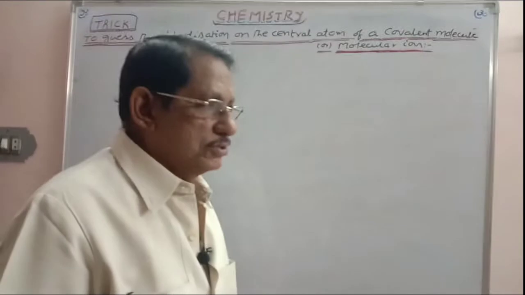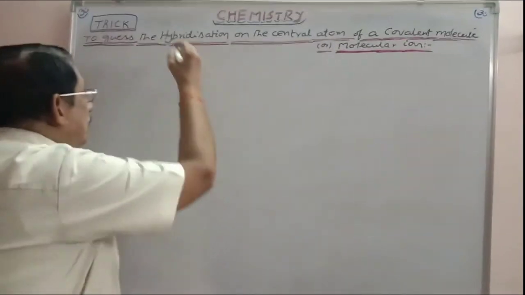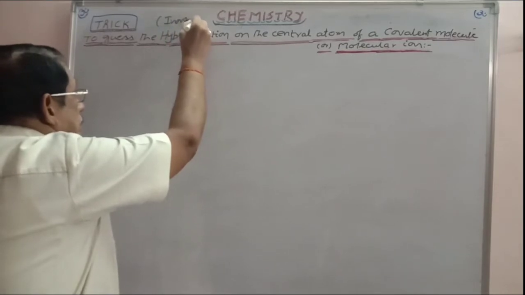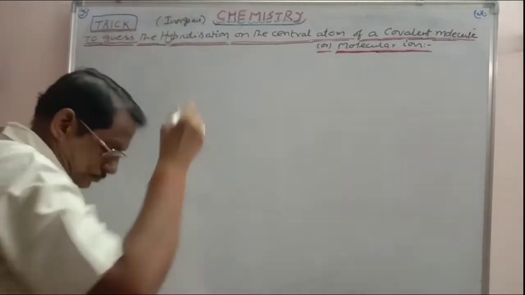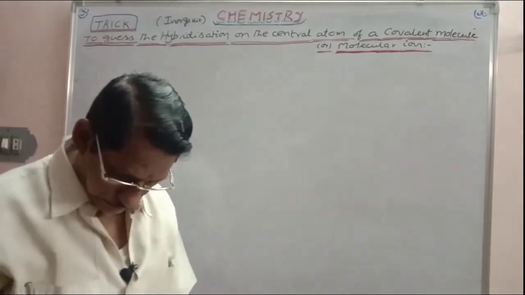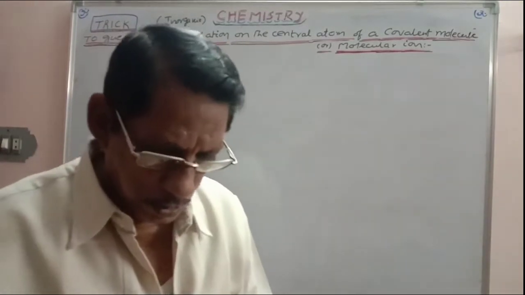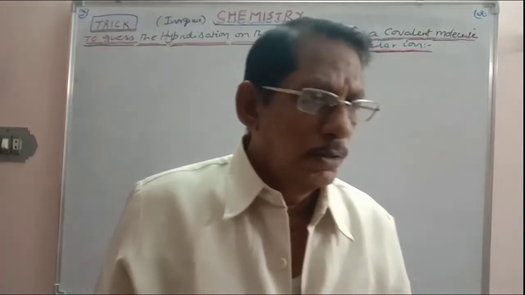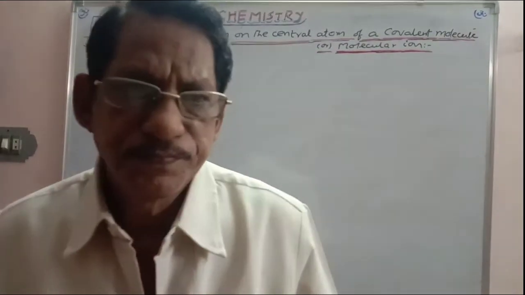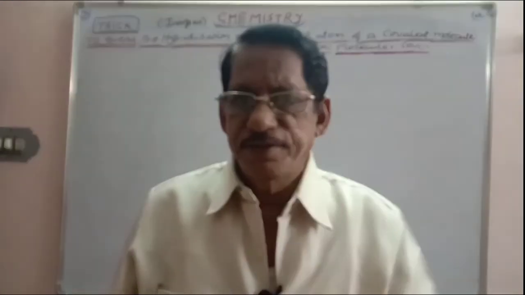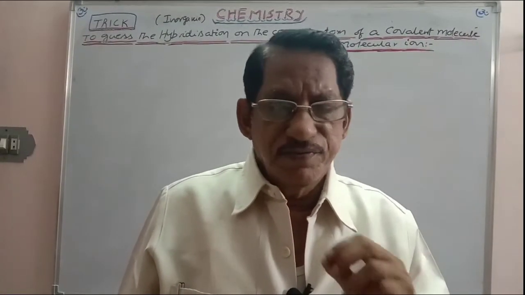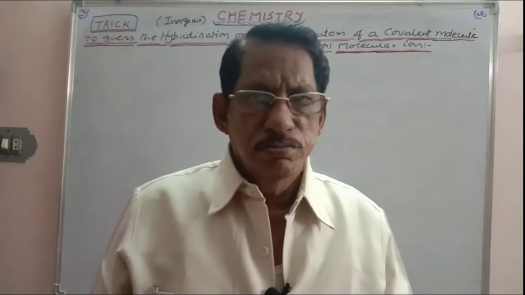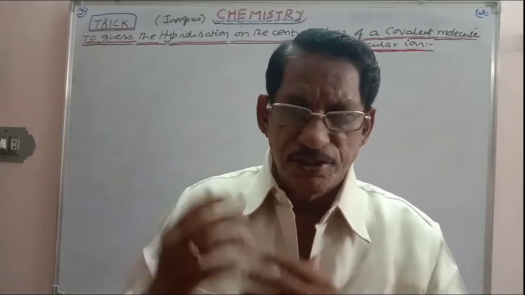That topic is a part of inorganic chemistry, particularly from chemical bonding. You know pretty well why this hybridization is introduced: just to explain the sigma bond formation of the covalent bond, and also sigma bond is always directional.